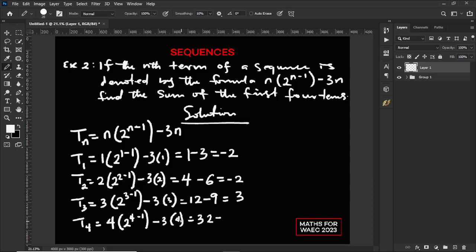Minus 3 times 4, which is 12. So 32 minus 12 is 20. So we have the fourth term to be 20.